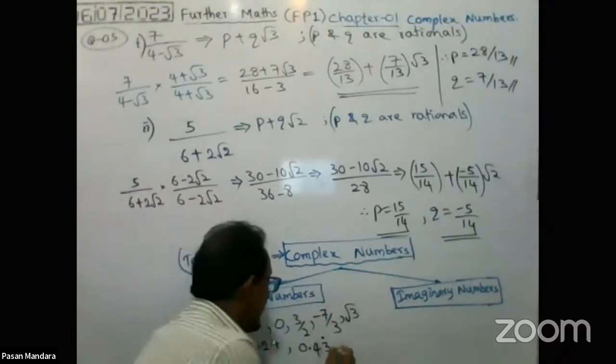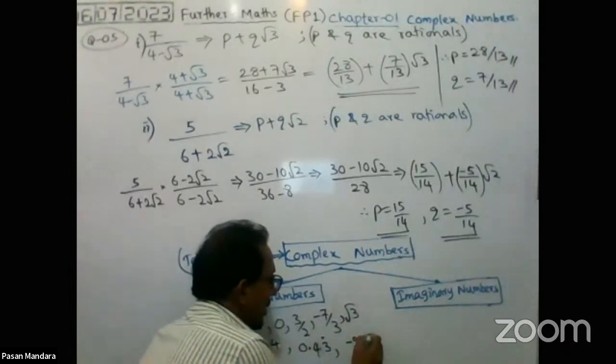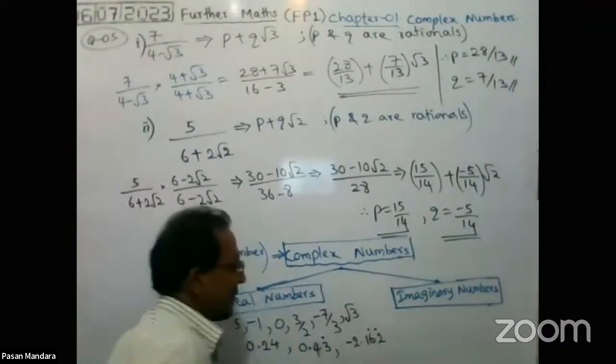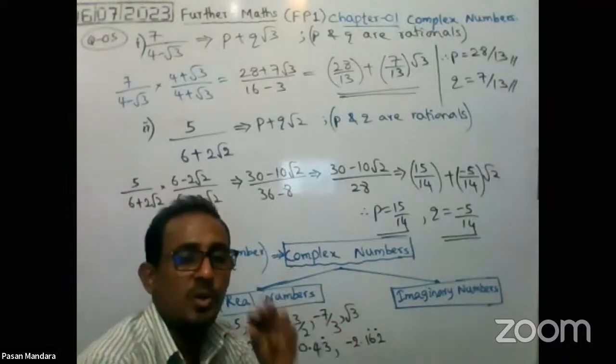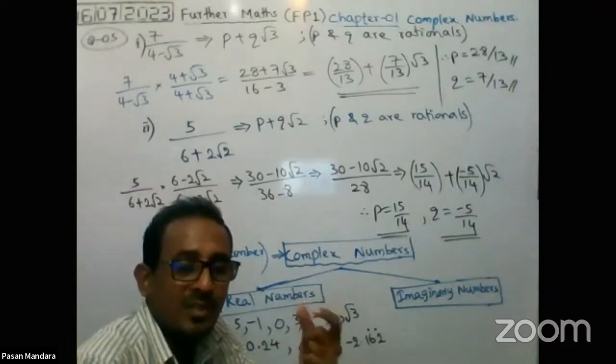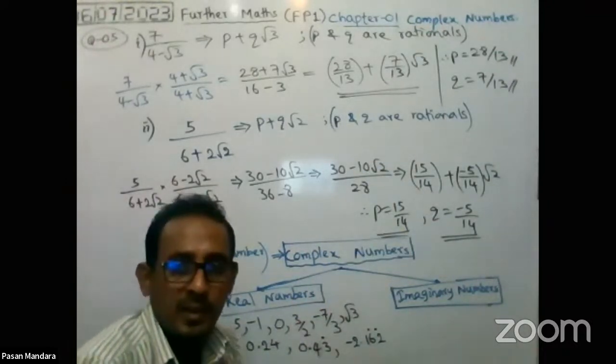Those are all real. This 6-2 part repeating, so then you have to put two dots. So the number will be minus 2.162, 62, 62, 62 like that. So these are all real.